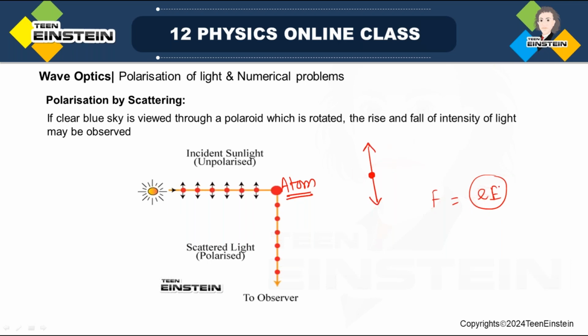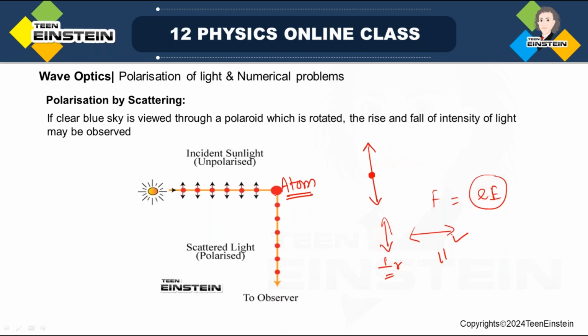But the electric field has two different vibrations, one along this way and another along this way. Suppose this is perpendicular and this is in plane, the electric field oscillating in plane.